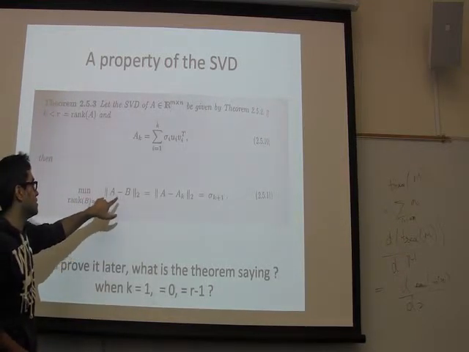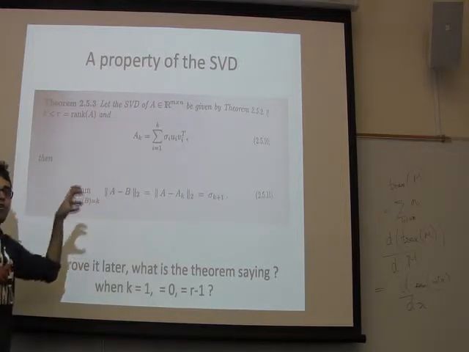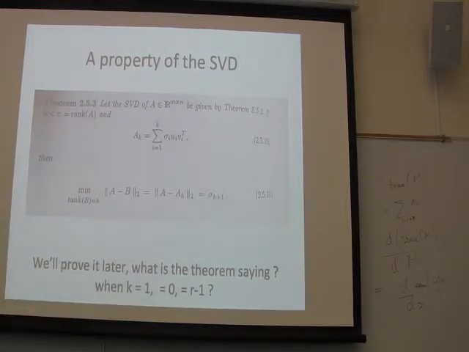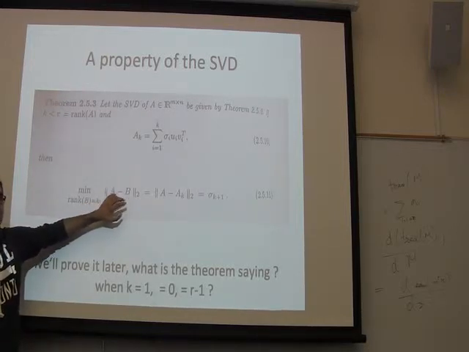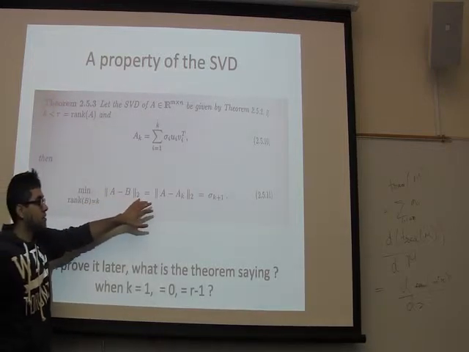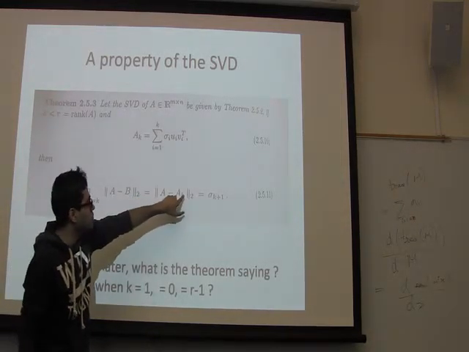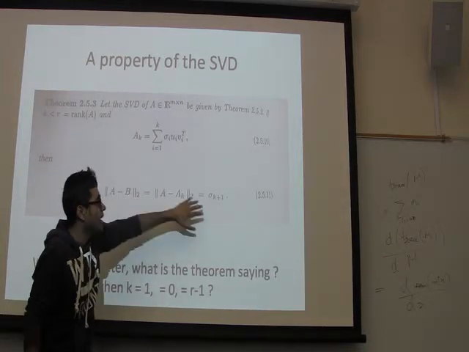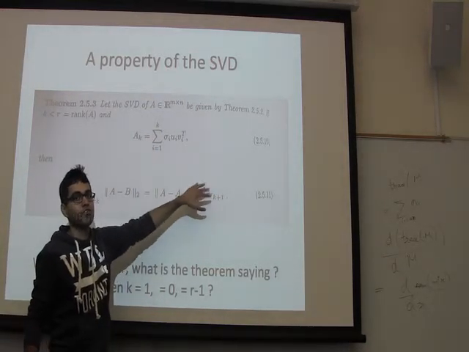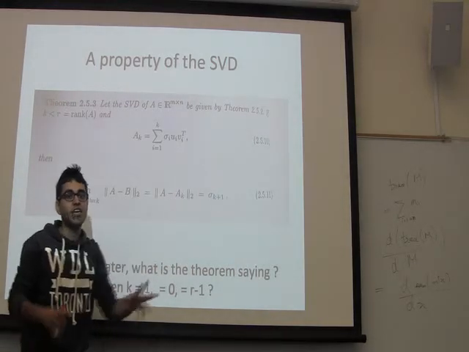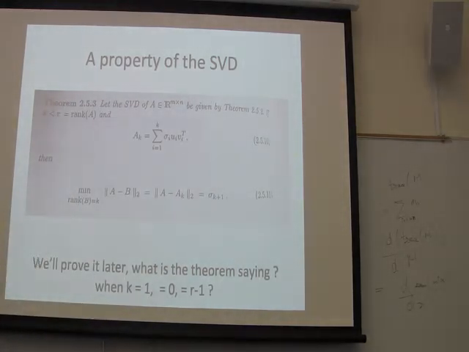When you find the closest rank K matrix to A in the spectral norm, that matrix is going to be equal to A_K, where A_K is defined as this, and the distance is going to be the spectral value, sigma K plus 1. So essentially what it's saying is the singular values give you the distance between a matrix and the space of matrices of a certain rank.